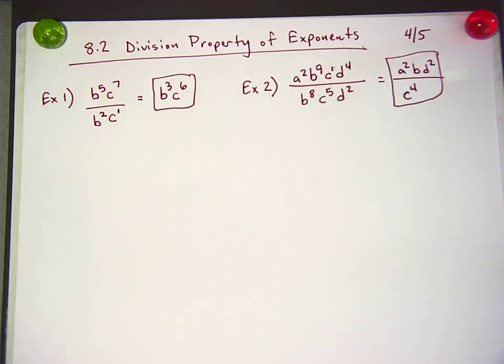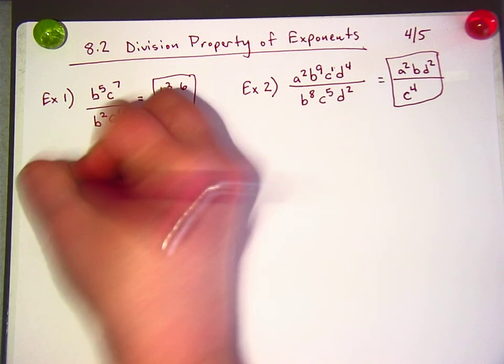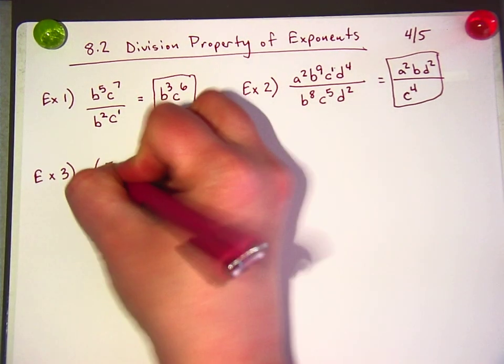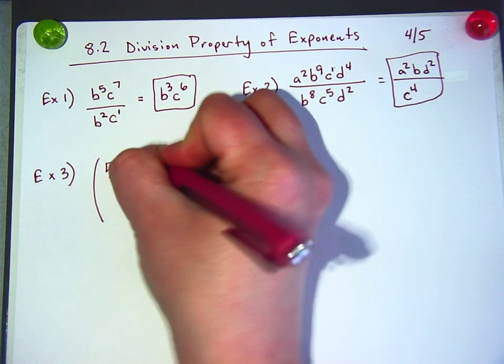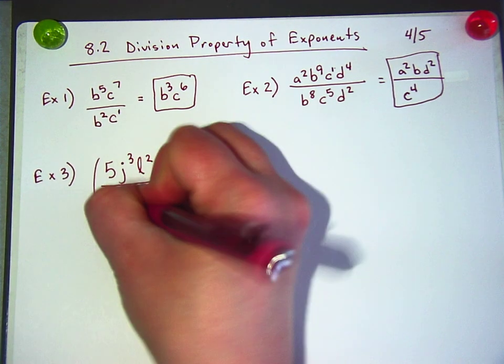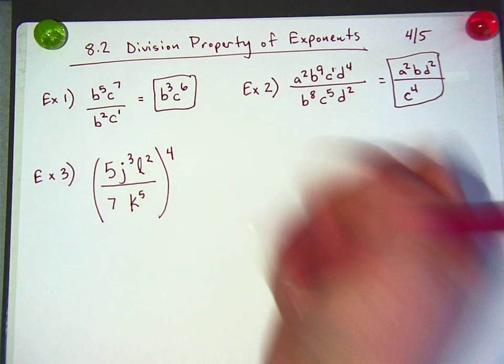All right, we're going to do 2 more examples. First one, let's do parentheses 5 j to the 3rd l squared over 7k to the 5th, parentheses to the 4th power.